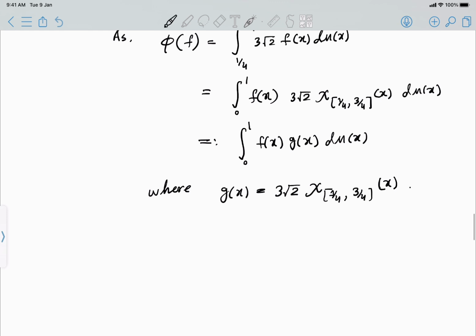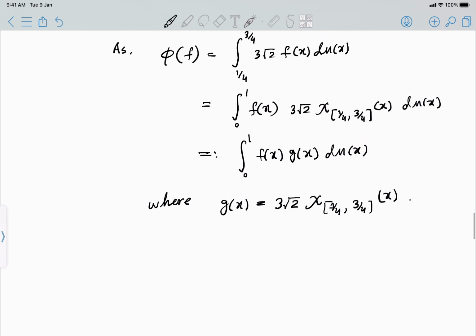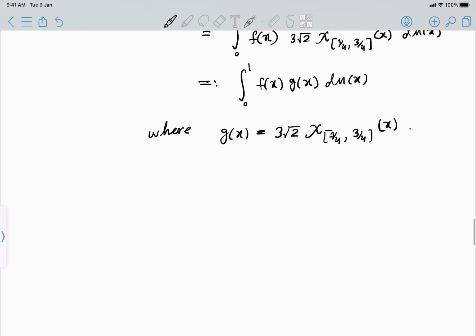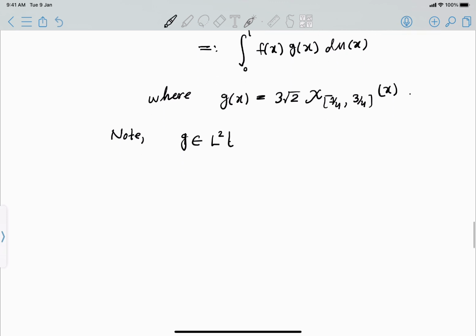Okay, so first note why g is in L2[0,1]. Let's calculate the L2 norm of g.